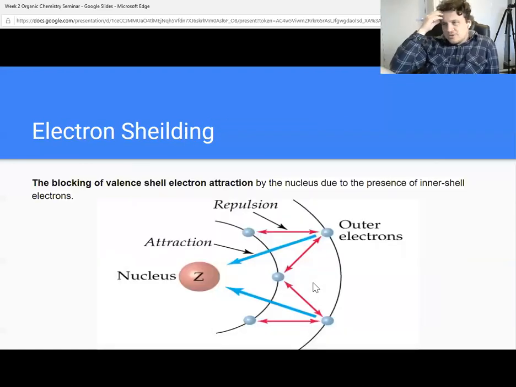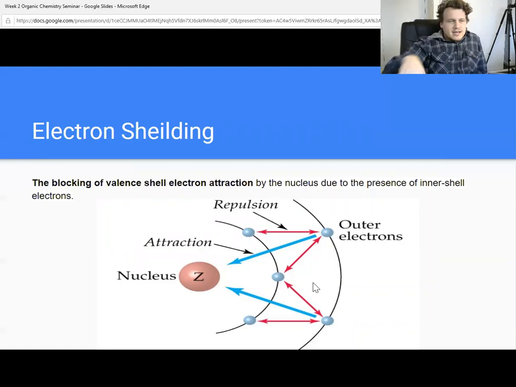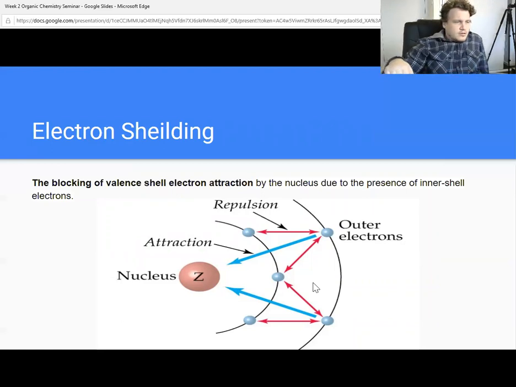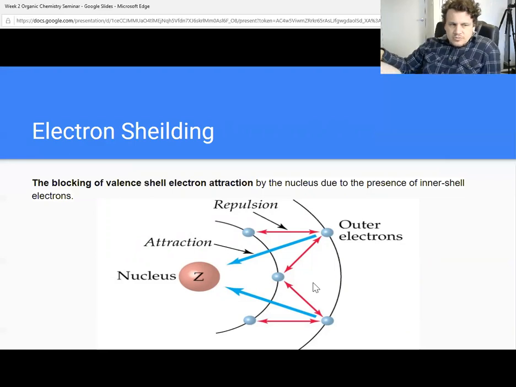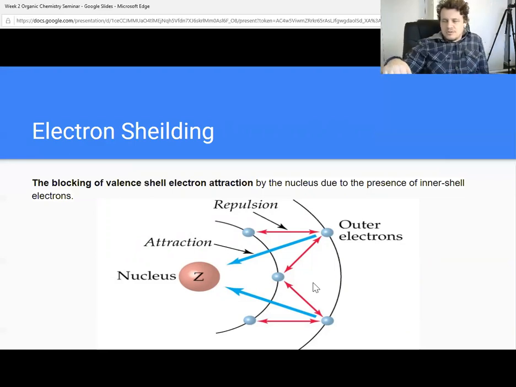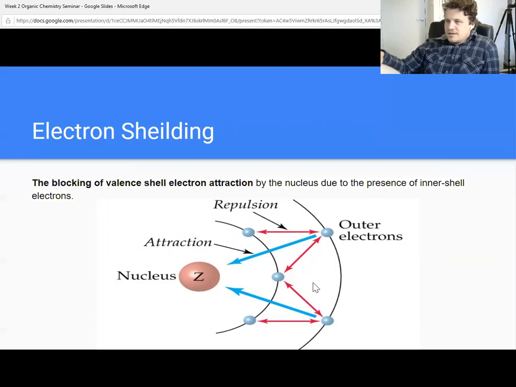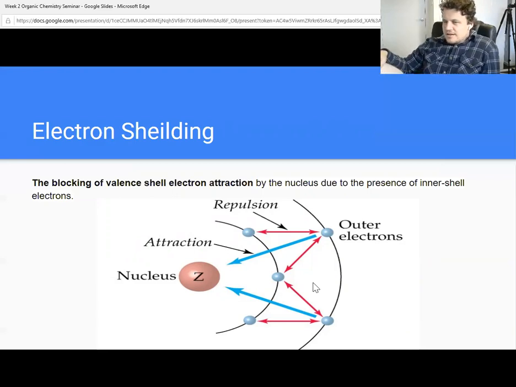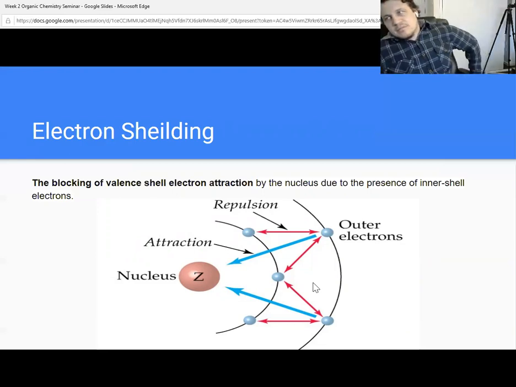So this electron shielding, when you take away hydrogen's electron, stops the nucleus from trying to pull the outer shell electrons in. So immediately the nucleus, the hydrogen, is trying to attract more electrons.